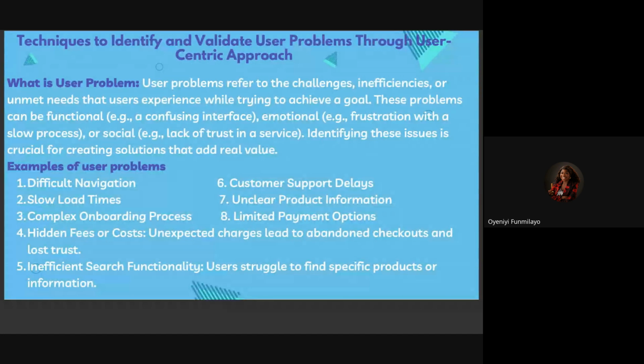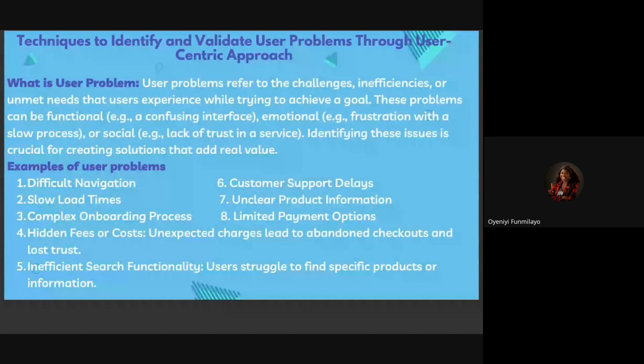Now, we said, what is a user problem? A user problem refers to the challenges, inefficiencies, or unmet needs that users experience while trying to achieve a goal. These problems can be functional, e.g., a confusing interface. It could be emotional, an example being frustration with a slow process.